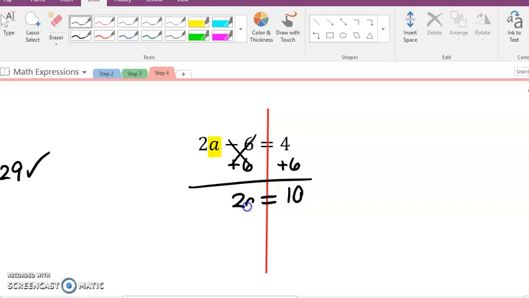On the left, I have 2a. A is my variable. It is still not completely isolated. It's not by itself on the left side because of the 2. How do we get rid of the 2? We divide by 2 on both sides. A equals 5 for my final answer.